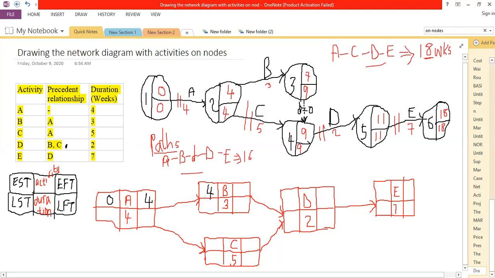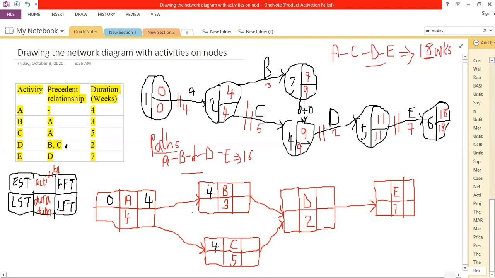And the same applies to C, which has the predecessor being activity A. So the earliest that we have finished activity A is the earliest that C can start. I'll push it here. If you reach a point of comparison, then you're supposed to pick the largest figure. But here we didn't have any comparison.